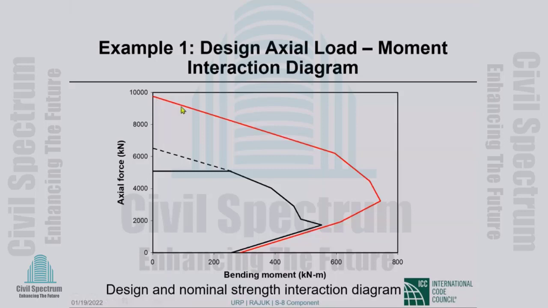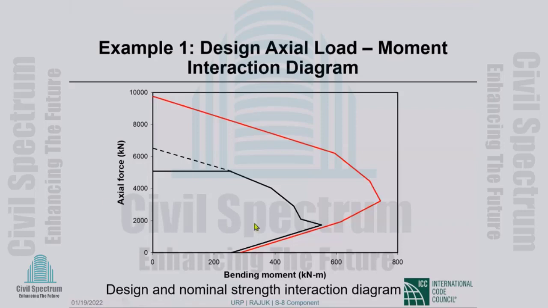And then we construct for the section that we have come up with the load moment interaction diagram. This is the nominal diagram, this is the design diagram. And then we plot all the combinations of P sub u and M sub u that we are designing for, coming from the different load combinations.